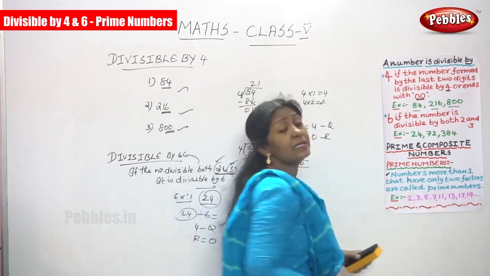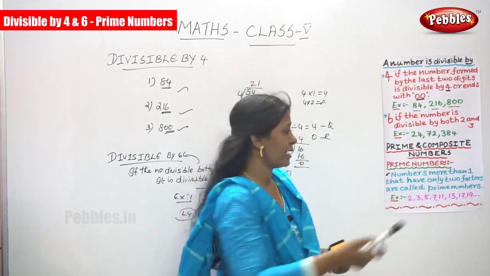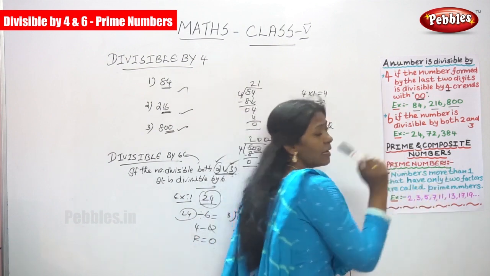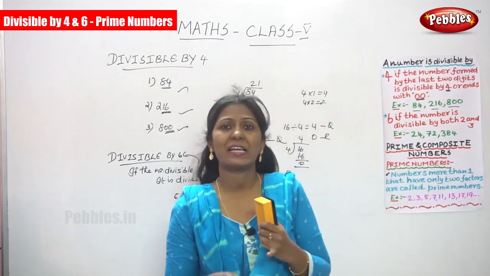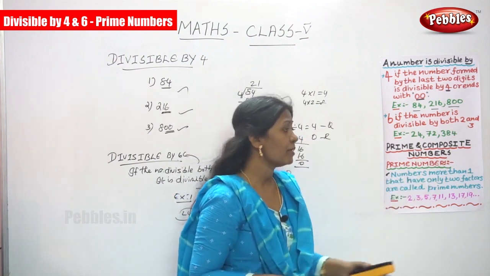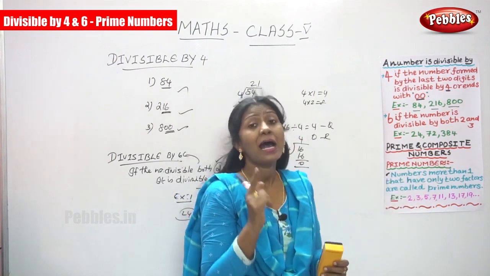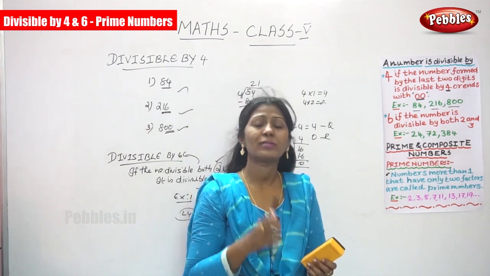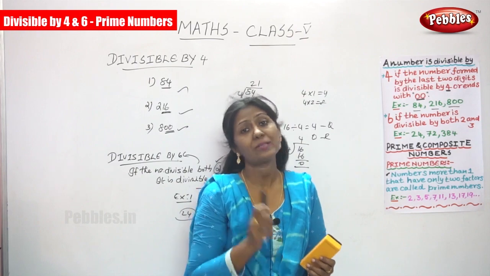Okay, 13 is divided by 13 and 1. And 17 is divided by 17 and 1. 19 is also divided by itself, that means the same number, and 1. So that is what a prime number is: a number more than 1 that has only two factors.